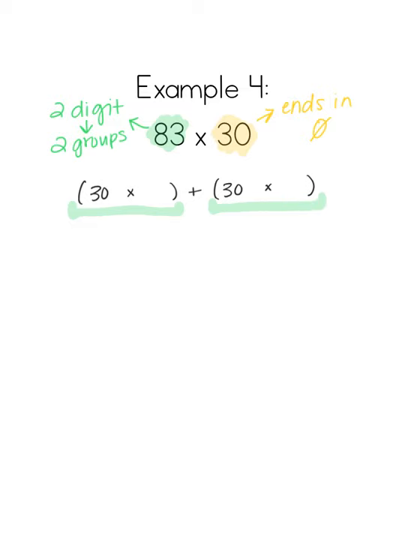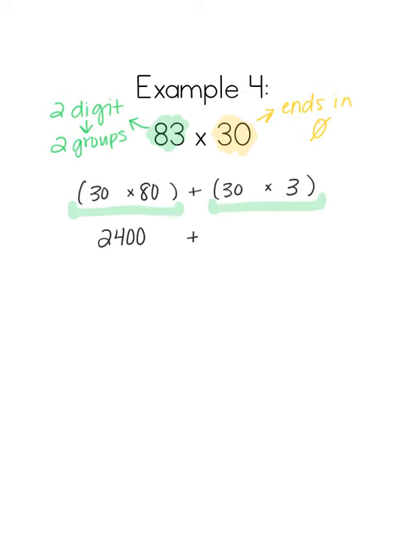So when I break that number 83 up by place value, it becomes 80 and 3. Then I can multiply. I know 30 times 80 will give me 2,400 because 3 times 8 is 24 and there are 2 zeros.